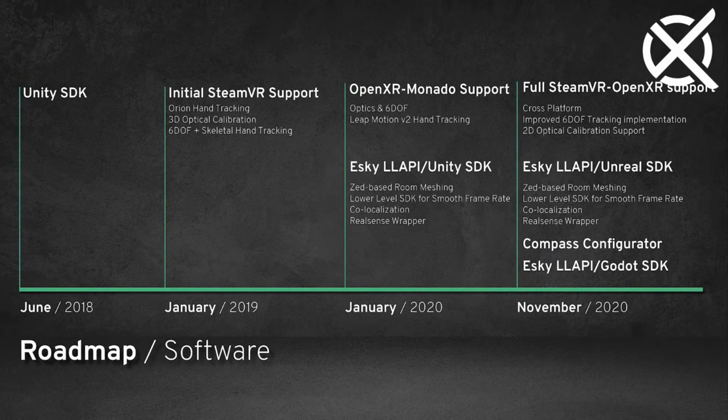So if you're unfamiliar with OpenXR, just a brief description is that it is a cross-platform standard from Khronos Group that essentially provides a cross-platform API for programs and devices to communicate with each other. Currently, if you target an app specifically for, say, Oculus, it'll only work on Oculus.